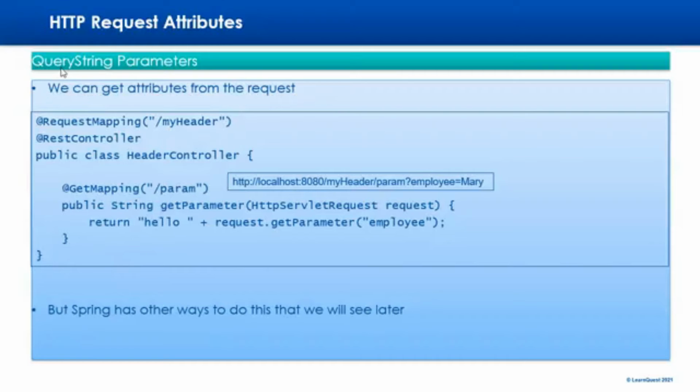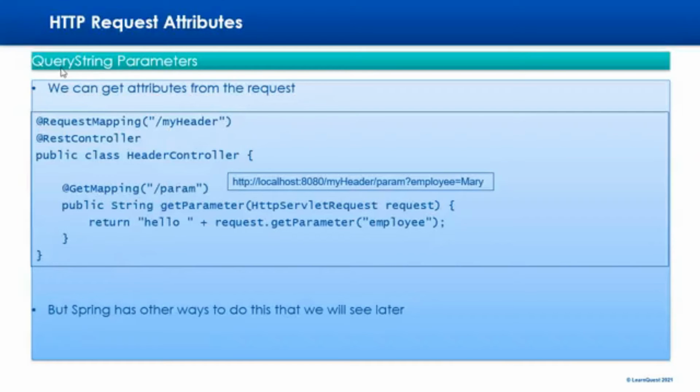So here we have a situation where we want to get hold of maybe some parameters passed in from the request. You see a query string. So let's take a look at the URL. I'm mapping to a controller called myHeader. It's then being concatenated on param. Do I have a method mapped to myHeader param? Yes, I do.